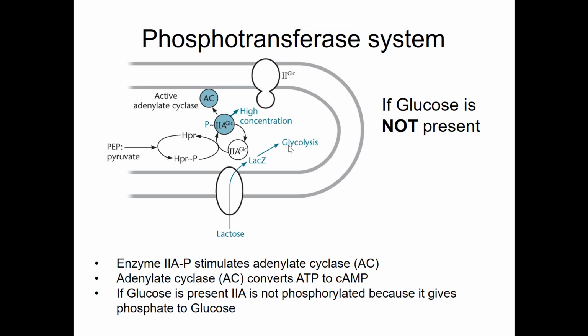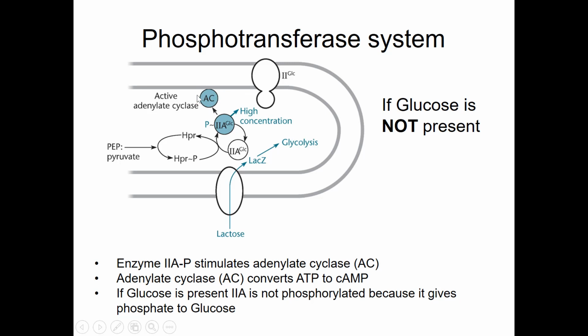So now let's look at what happens if glucose is not present. HPr is still going to take that phosphate group from PEP. Enzyme 2A is still going to take that phosphate group from HPr, generating enzyme 2A in a phosphorylated state. If glucose is not present, enzyme 2A cannot donate that phosphate group, so it can instead activate the enzyme adenylate cyclase, right here snuggled up next to the membrane.